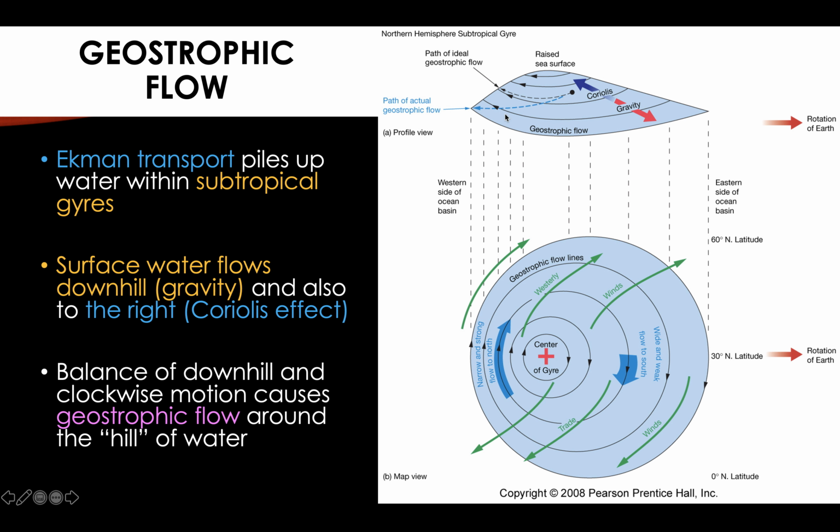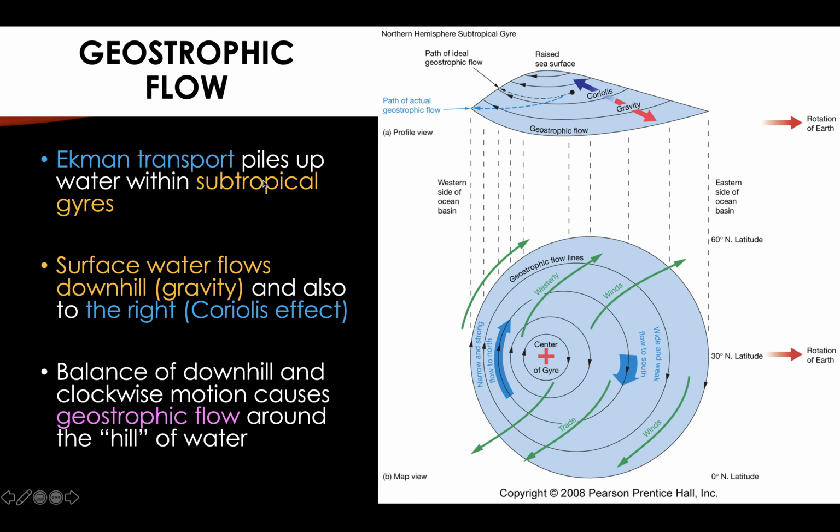The Ekman spiral leads to something called geostrophic flow. Ekman transport piles up water within these subtropical gyres. Remember, the gyre is the large circular loop of moving water.